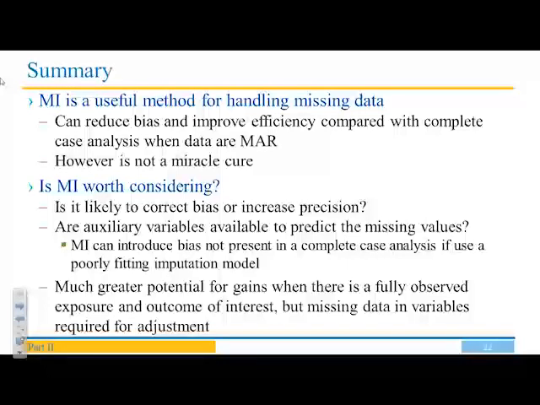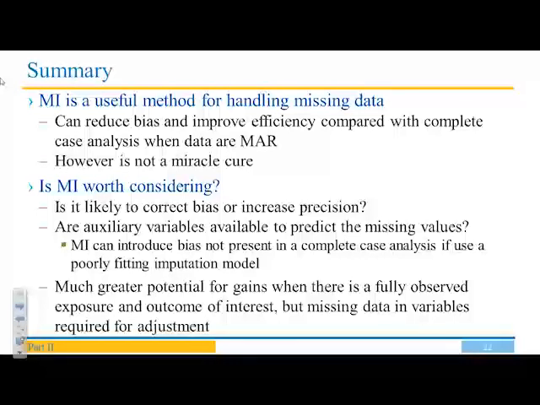But we need to remember that multiple imputation is not a miracle, and you have to think about whether you gain something by doing it. Think about whether it's likely to correct bias or increase precision, and whether we have additional information or auxiliary variables that can predict the missing data or missingness. Because, again, by setting up a poor imputation model, we may get biased results. So it's important.